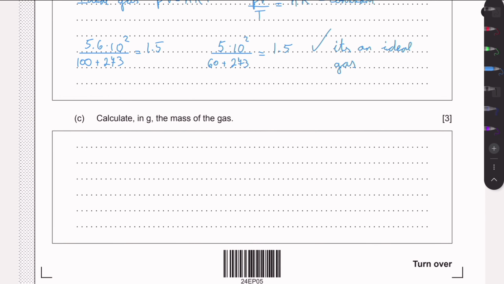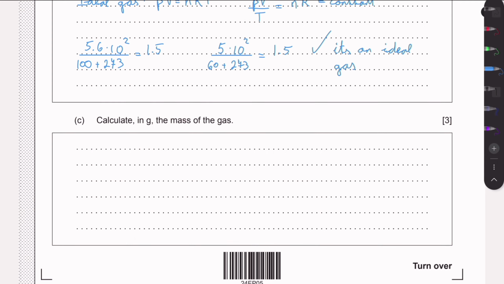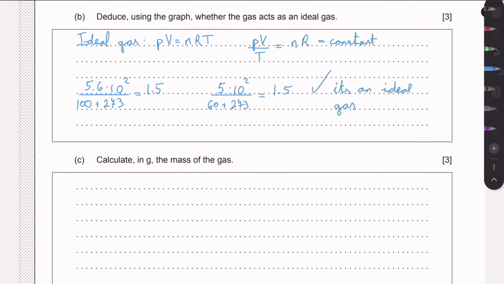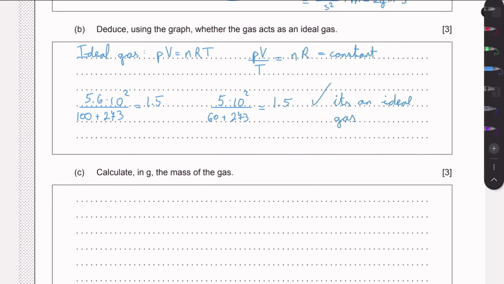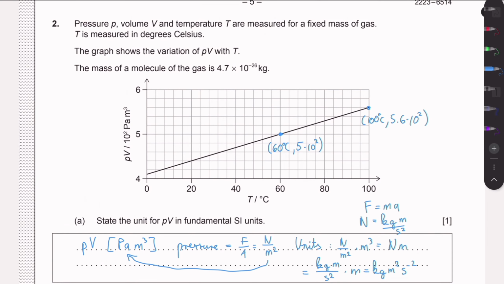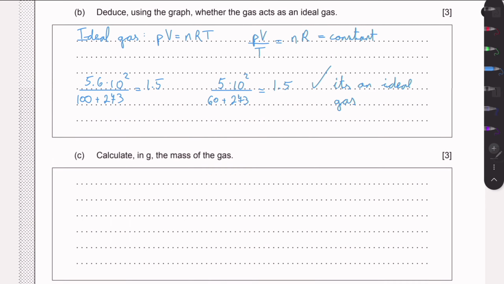And then in the last part of this question, we need to calculate in grams the mass of gas. We were given the mass of one molecule. So from this graph, we can determine the number of molecules we have. And if we have the number of molecules, then we can just multiply it by the mass of one molecule, and then we'll have the mass of the gas.